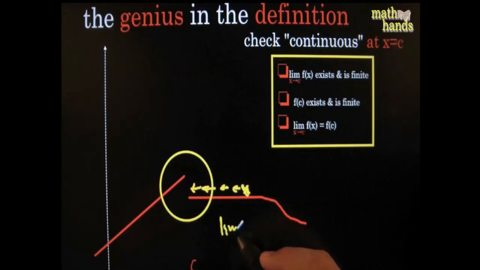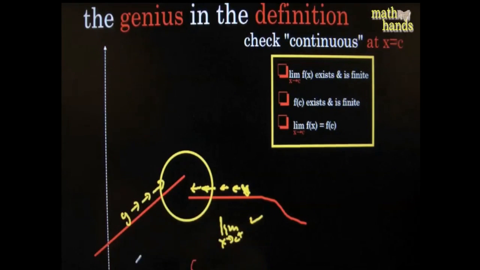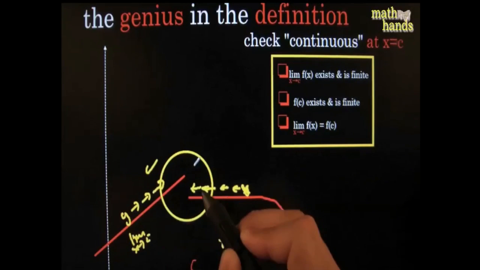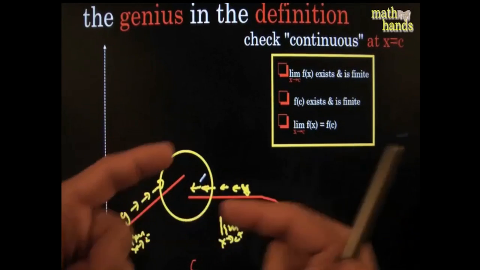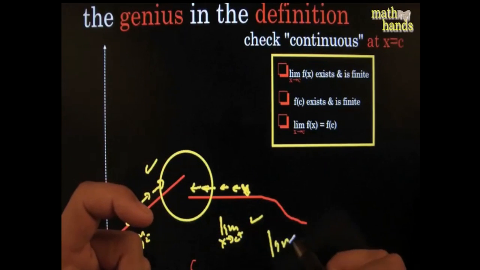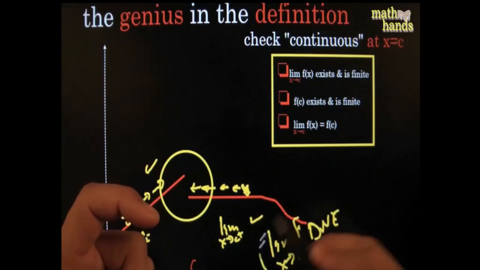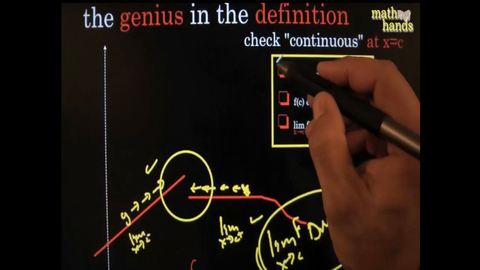The limit as x approaches C from the right, check. And then I got my y's here approaching from the left. The limit as x approaches C from the left, check. But they're not equal. And if they're not equal, then the limit as x approaches C does not exist. The limit for that does not exist. And so this one, nope.